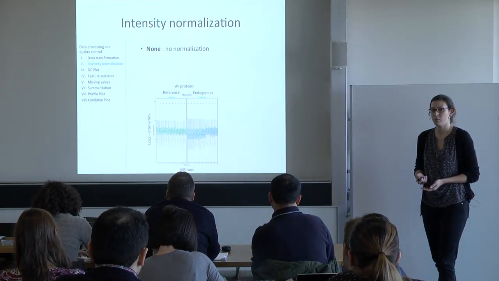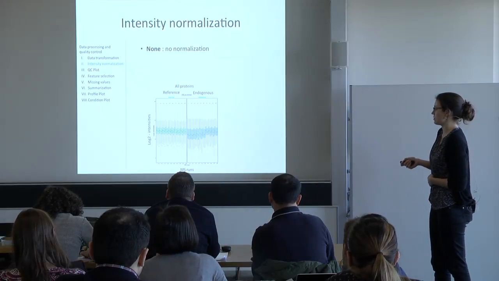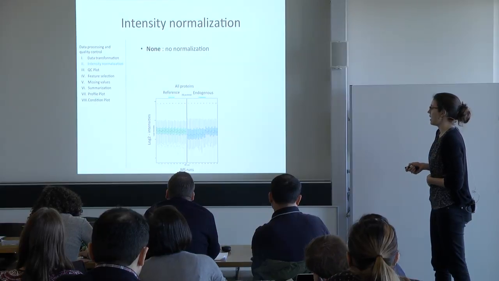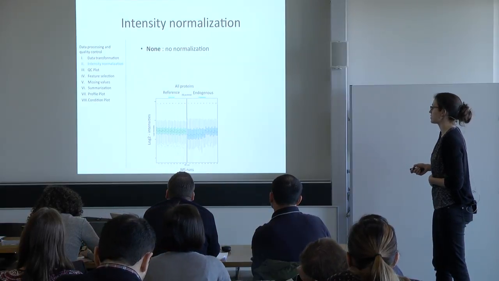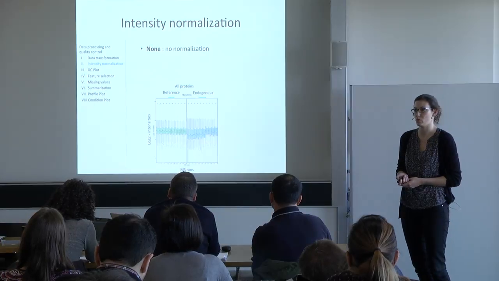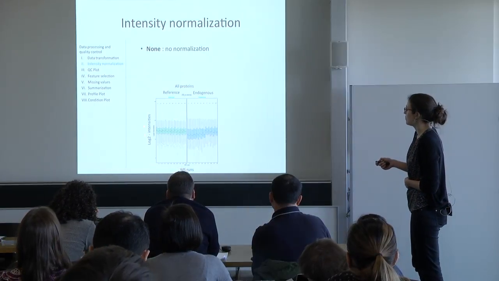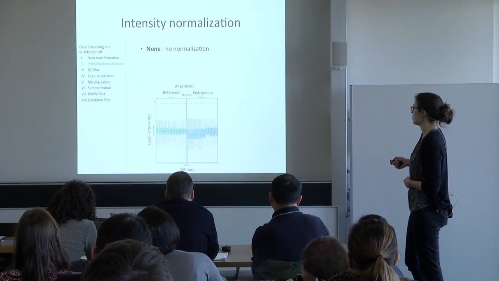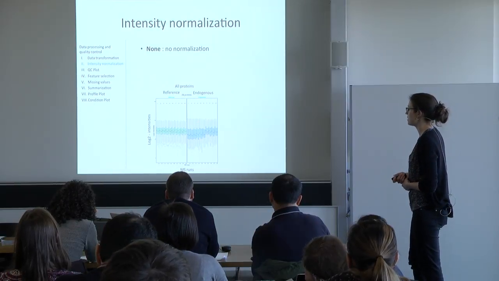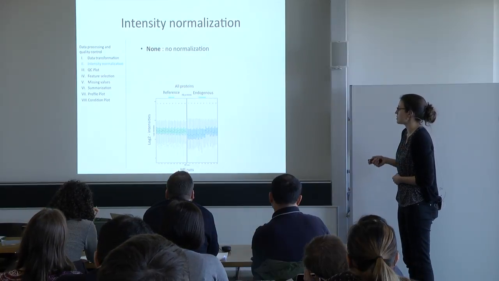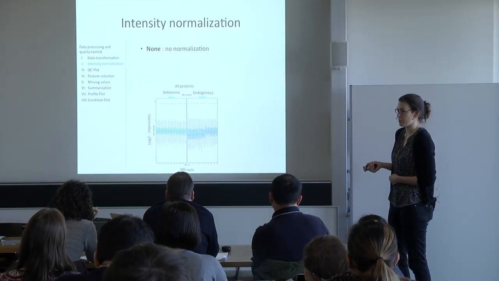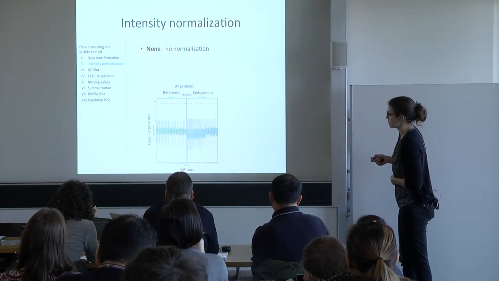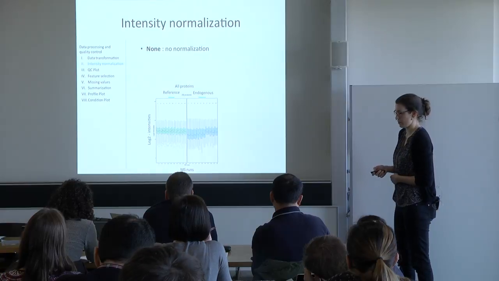Here is an example with unnormalized data. You have the log2 intensities on the y-axis and the MS runs on the x-axis. In this case, you had a label-based workflow. On the left-hand side, here in green, you see all the heavy references, and on the right-hand side are the endogenous intensities. You can see that you don't have any big outliers between the runs, but the median intensities are a little bit different across the runs.